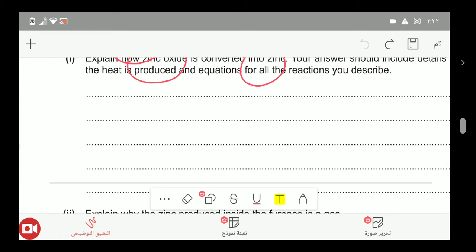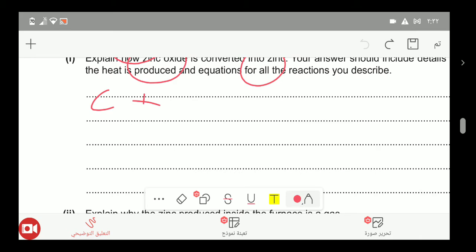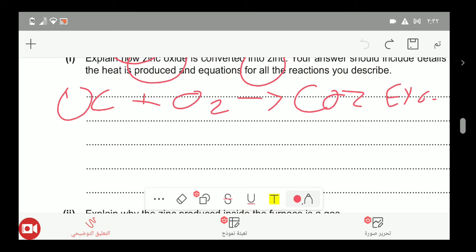Firstly, we have to heat carbon with oxygen in an exothermic reaction to give us CO2, carbon dioxide, and write exothermic reaction beside it. Exothermic reaction, 1 mark.